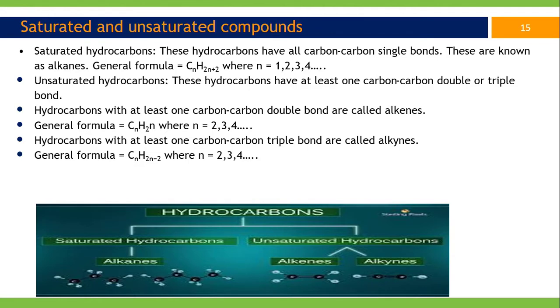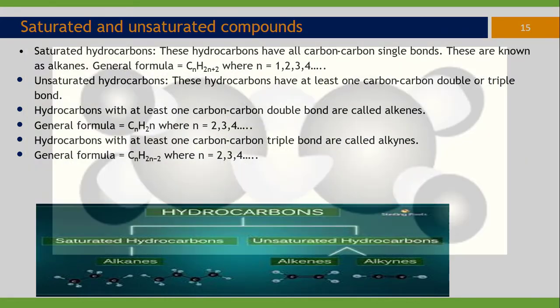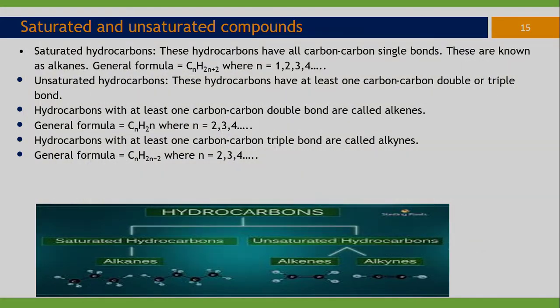Saturated and unsaturated compounds. Saturated hydrocarbons. These hydrocarbons have only carbon-carbon single bonds. These are known as alkanes with the general formula CnH2n+2, where n is equal to 1, 2, 3, 4 or more. Unsaturated hydrocarbons.